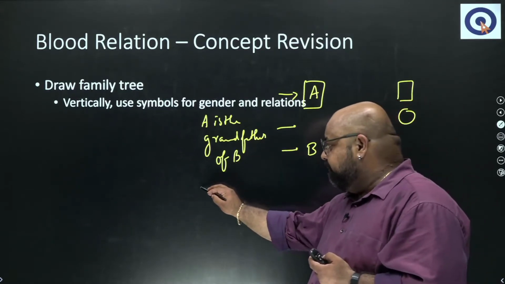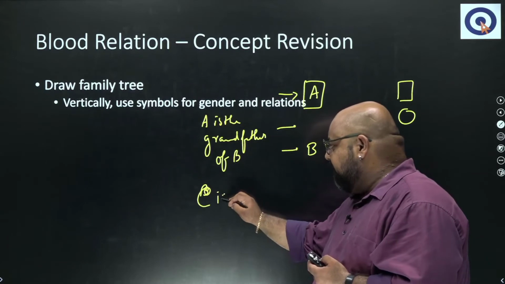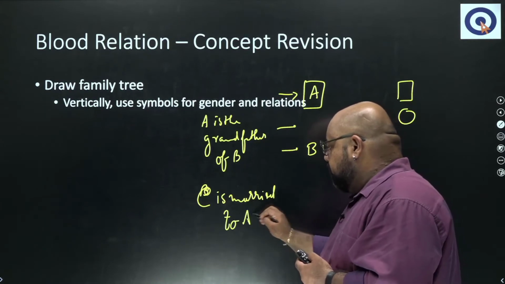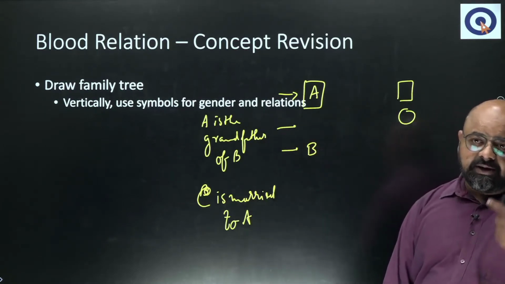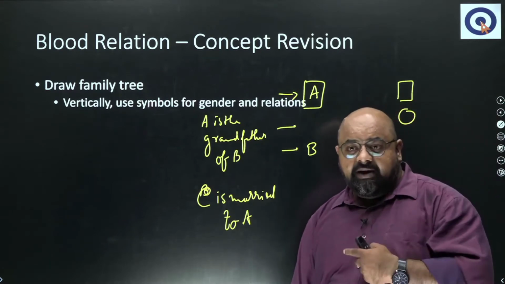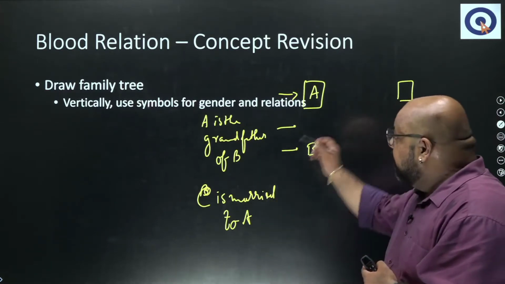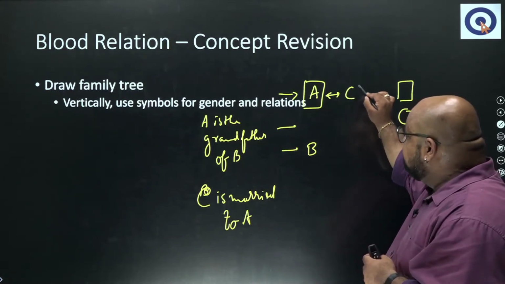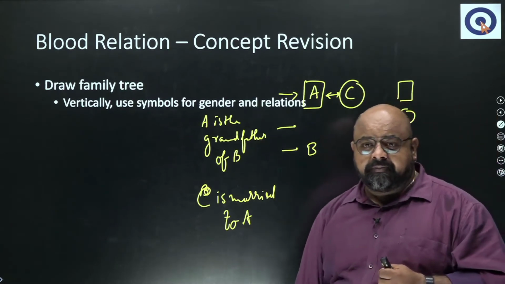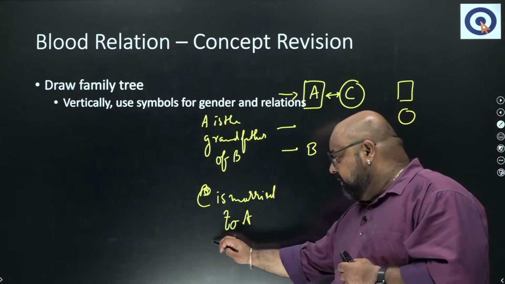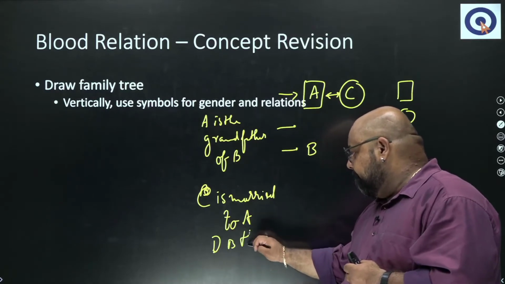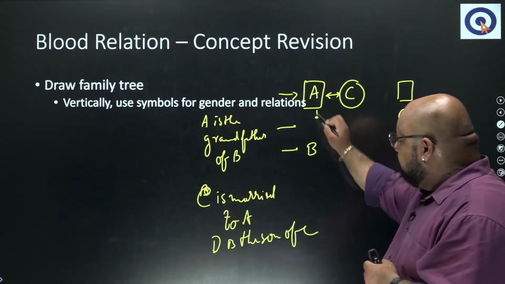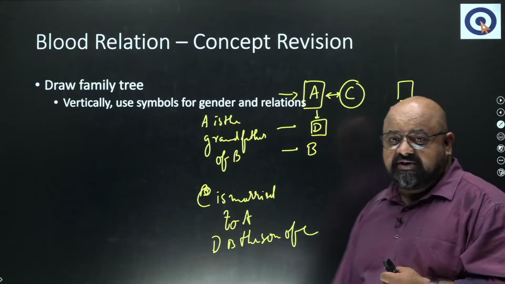Further, suppose it says that C is married to A. Now, because I know that A is male and C is married to A, C has to be the female counterpart, and therefore I draw a symbol for marriage, a double arrow, and since C is female, a circle for C. If I come to know further that D is the son of A or C, I'll put an arrow from here and write D in the second generation, and so on.